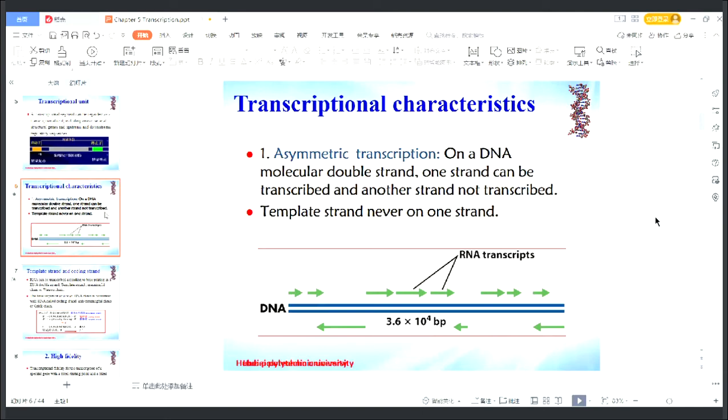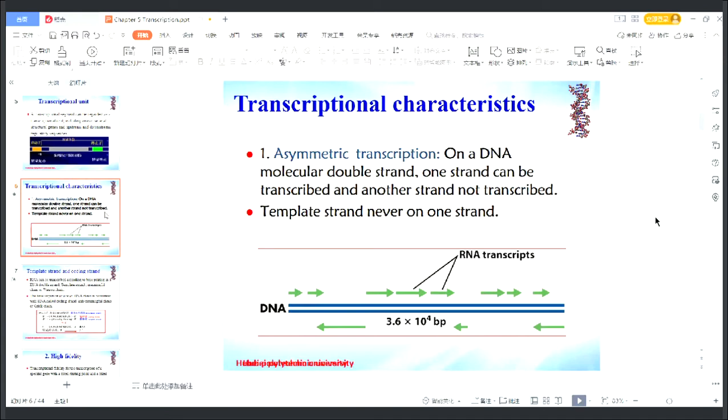So this property we summarize as asymmetric characteristics.